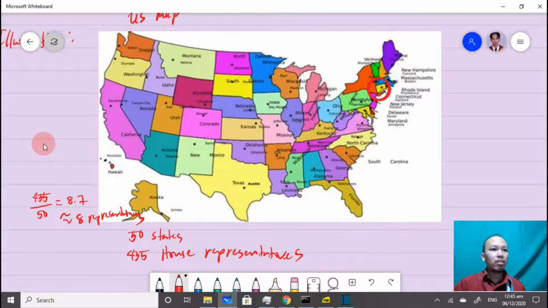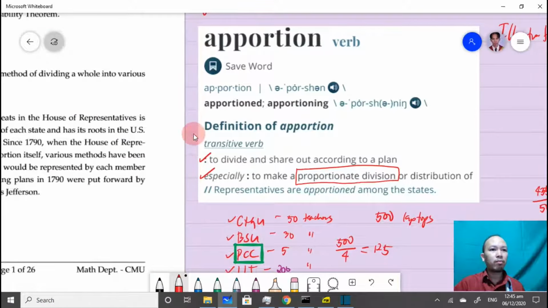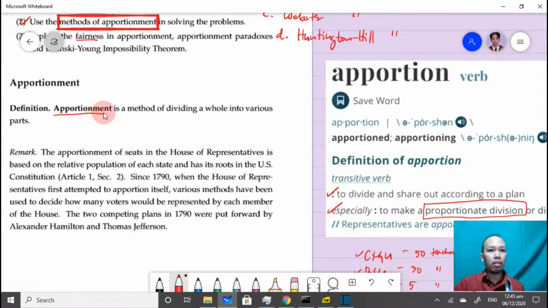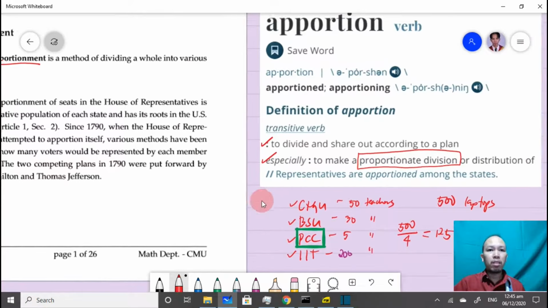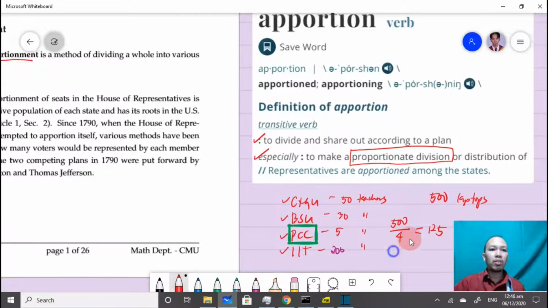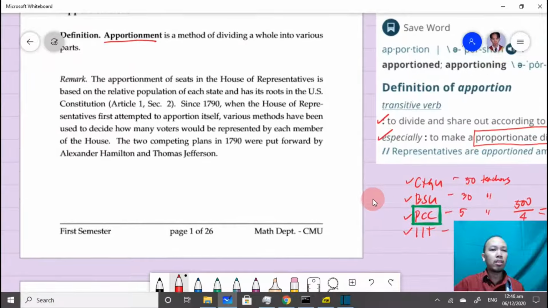I believe you are now able to understand the definition of the word apportionment. The division must be proportionate. When you distribute something, it must be proportionate. So let's now discuss the first method or plan, which is the Hamilton plan.